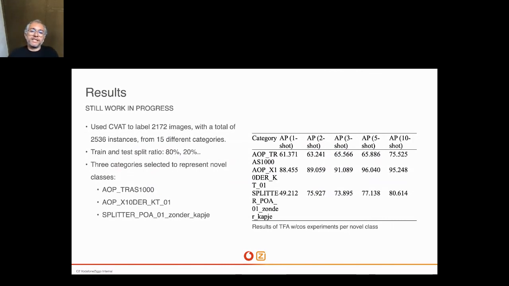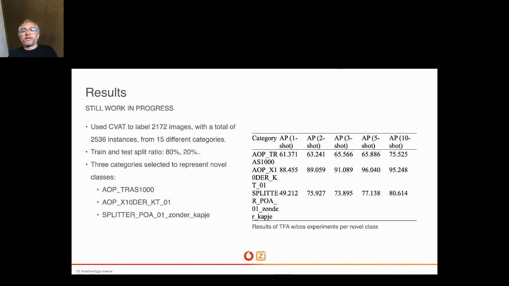I mean, this is not medical AI. Nobody's going to die. If we look at one shot, in the column average precision, one shot, we are just 61% certain about what kind of AOP it is, but it's still pretty good.